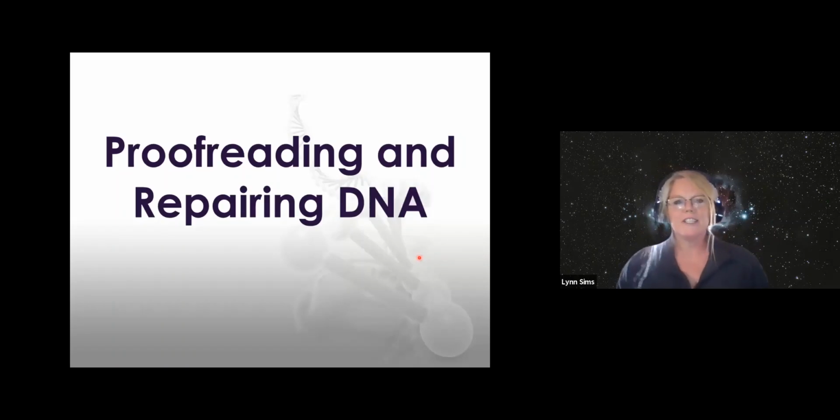We're getting started. So at this point, we've discussed the entire process of DNA replication, replication of the leading strand and the lagging strand, and really the differences between the two, and explained the function of all of those proteins and enzymes that are involved in that process. Now, not all DNA polymerases do this, but in general, DNA polymerase can proofread itself.